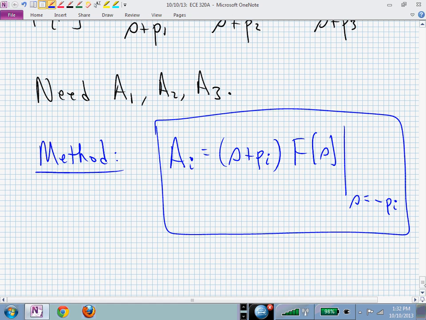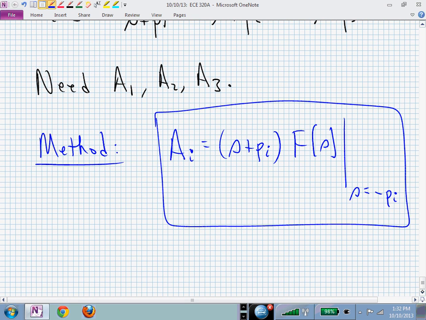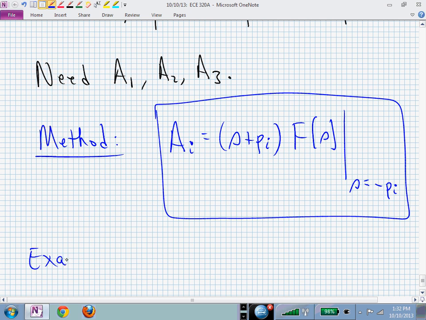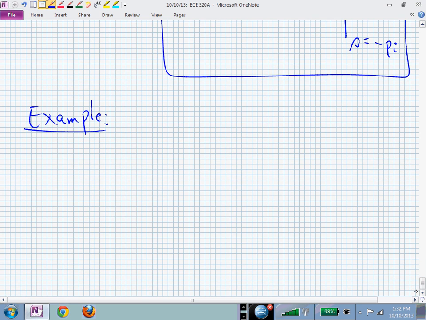If we looked at this in terms of an example of just this third order that I've put together, we now have s plus p1 times F of s. And we want to evaluate that at s equal to minus p1.